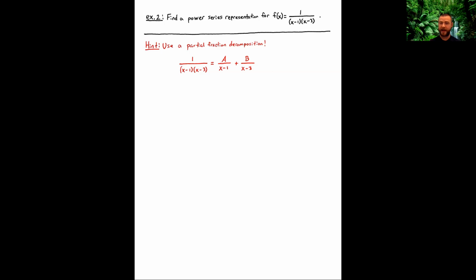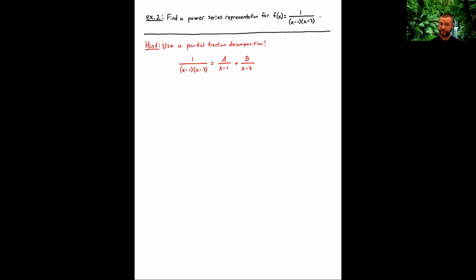This requires a little bit of mathematical creativity to kind of see why you would want to do that, but take a look at that right-hand side with the individual partial fractions. Each of those can be rewritten algebraically to look like 1 divided by 1 minus something. And at that point, we could apply our known power series representation for the geometric series.